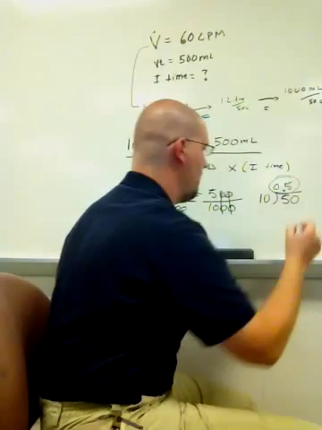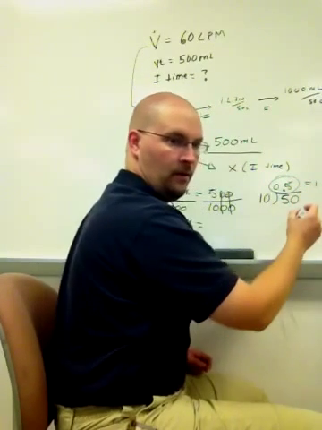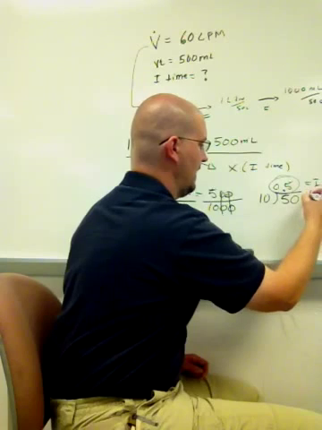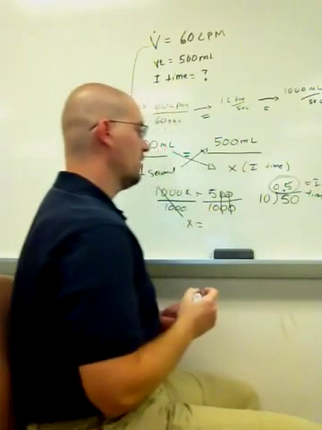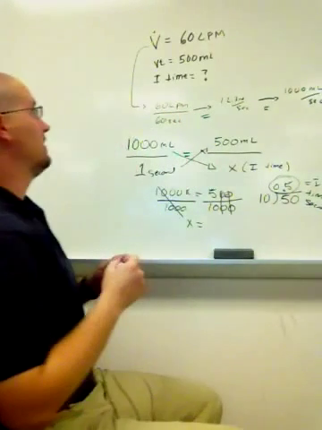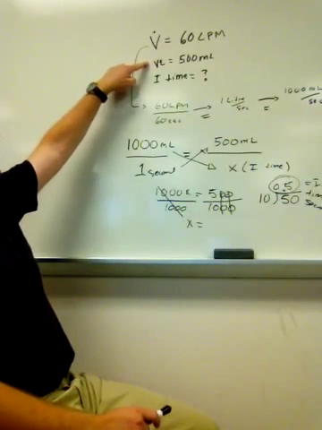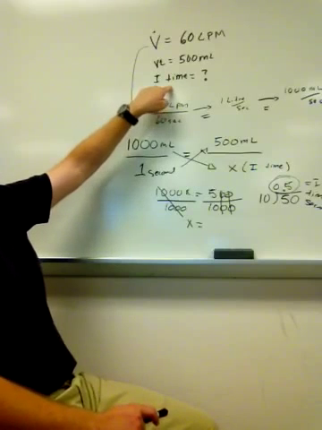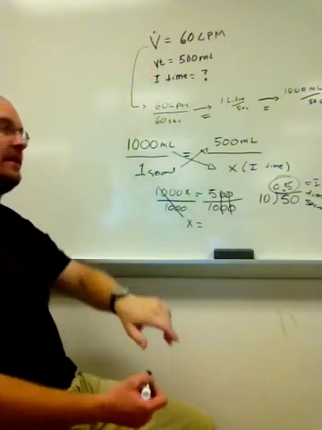So, hopefully everyone can see that, that is our I time: 0.5 seconds. So, at 60 liters per minute, it will take 0.5 seconds to deliver a 500 milliliter tidal volume.